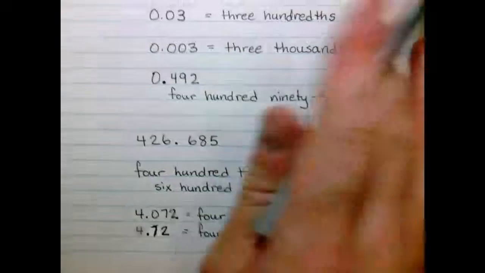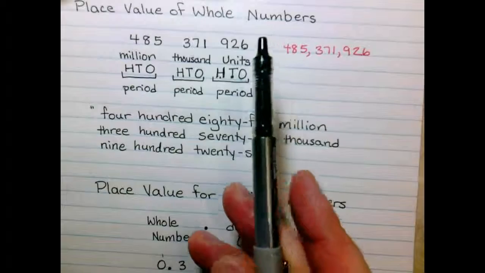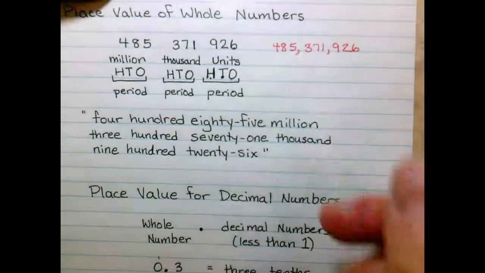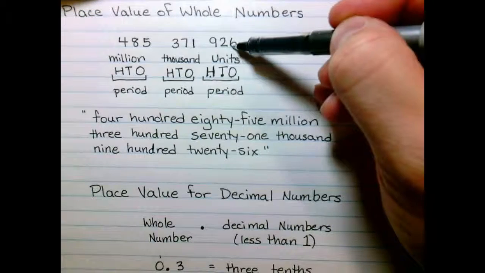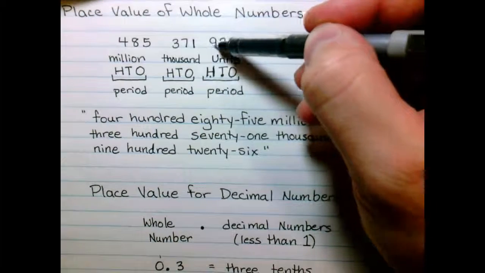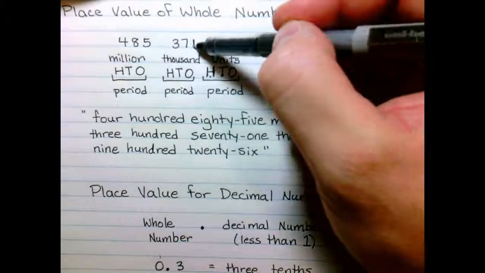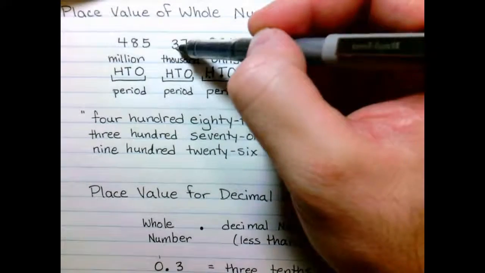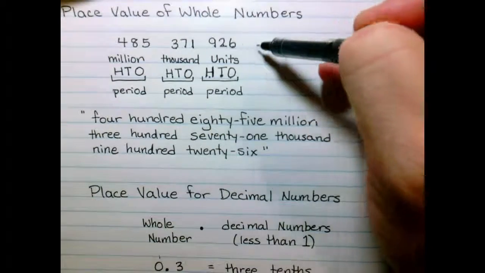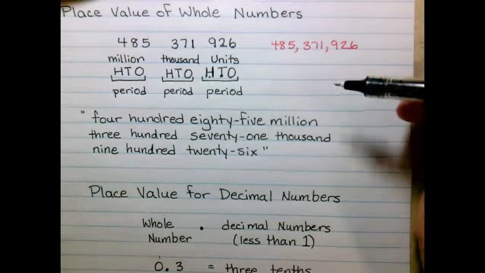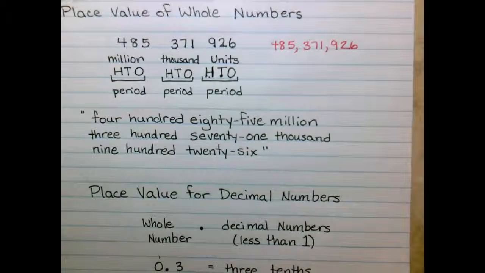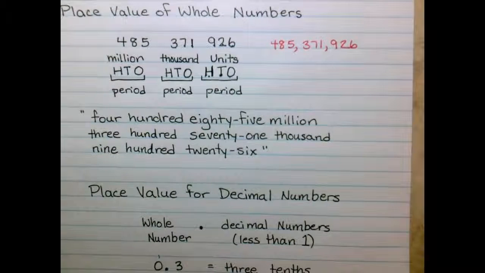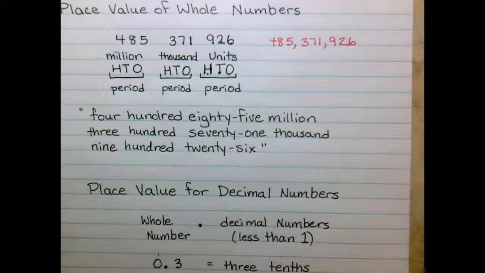If you know the place value for whole numbers, the first place after the decimal is the tenths, the next one would be the hundredths, next one the thousandths, ten thousandths, hundred thousandths. That's if we're moving the other way. And the same pattern works in reverse for numbers smaller than 1. So hopefully this has helped you understand decimal numbers.